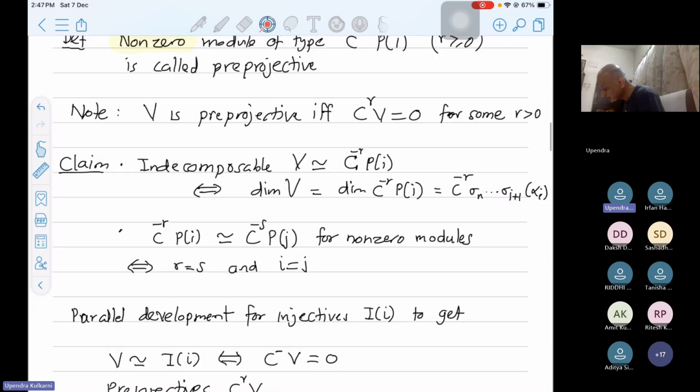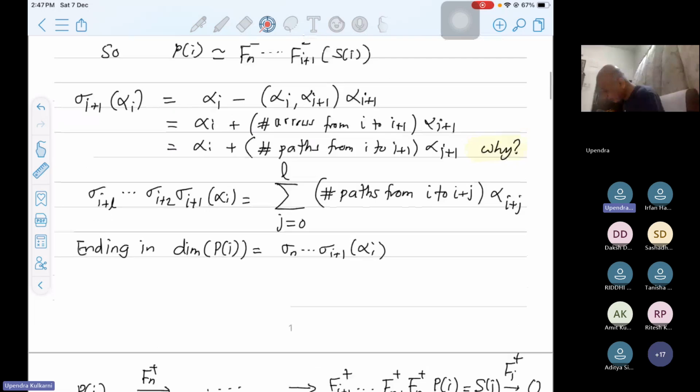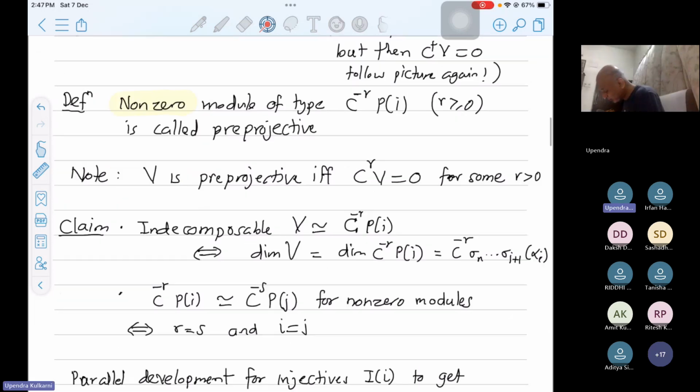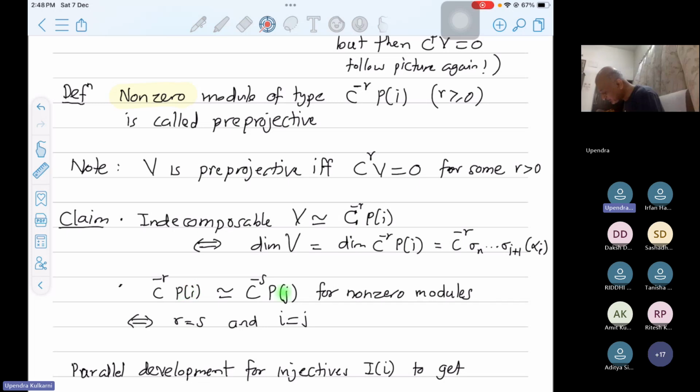And remember the theorem that we proved, that if I take distinct i and j and distinct r and s, then no two of them are isomorphic. So you can say, great, I got as many infinite families as the number of vertices. For every vertex I get an infinite family just by taking powers 0, 1, 2, 3, 4, and so on of the negative Coxeter functor.